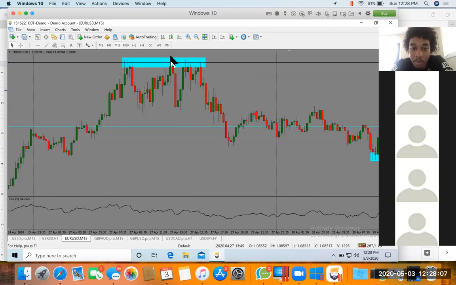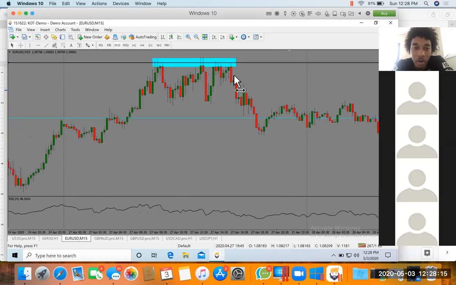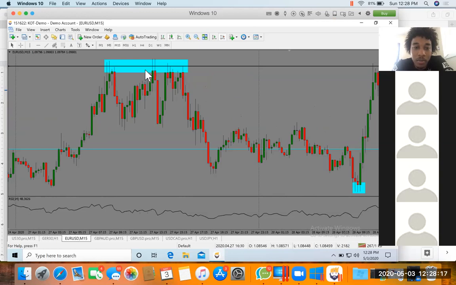Put your stop loss above the zone if you want to. But this is almost like a guaranteed wick entry. Almost guaranteed. If you can be confident that it's rejecting this price, like I said, you can either wait till it gets to the middle, or as soon as it hits this zone, you can enter and then catch it all the way down.